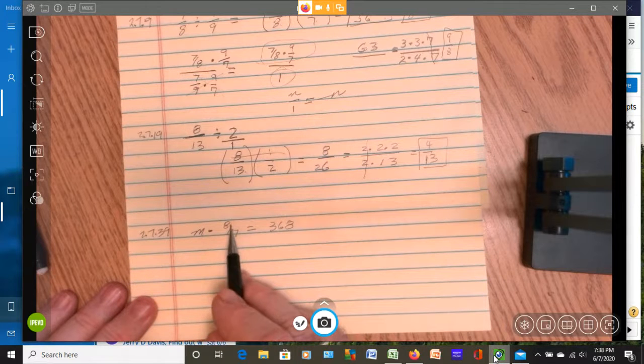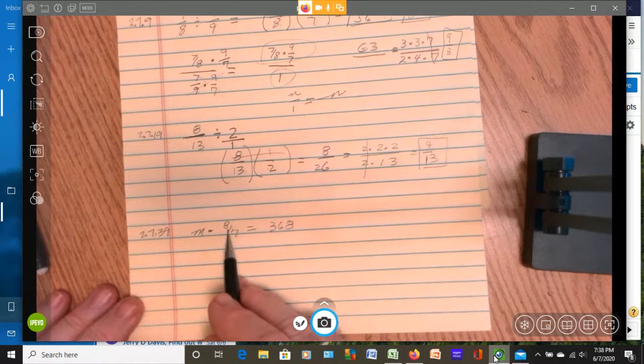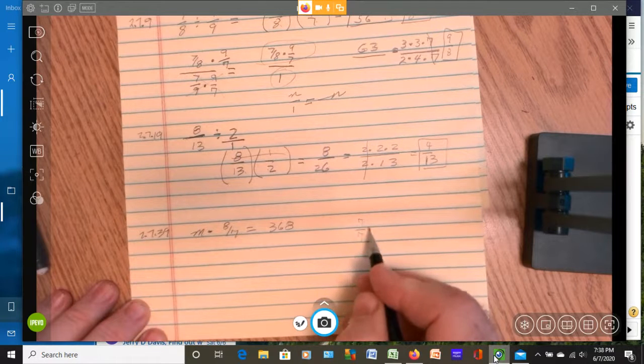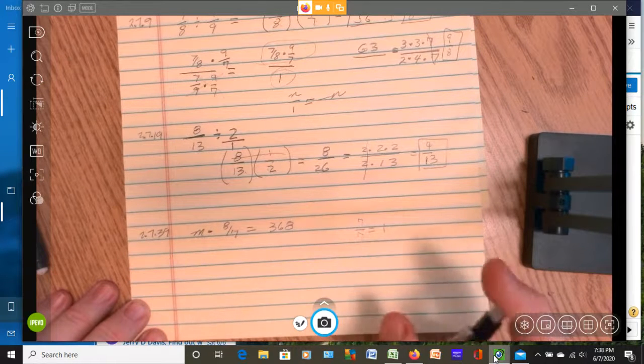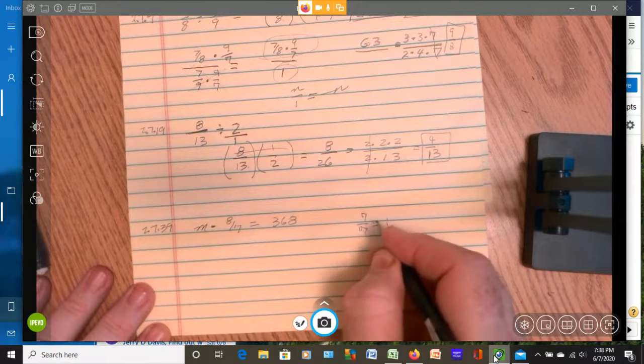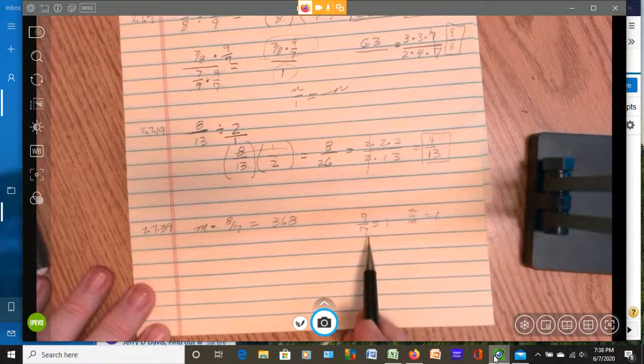But what this says is that 8/7 times m is 368. Now, do you see the distinction there? Because think about it for a second. 7/7 would equal 1. Remember, we've said that any number over itself equals 1.